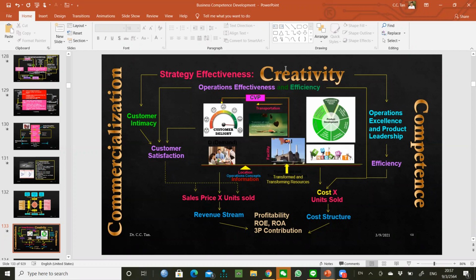And the strategy effectiveness also needs to not forget about creativity, because strategic advantage is not like something dead, with no motion, no emotion. You've got to be creative, right? So creativity is really your strategy effectiveness, right?